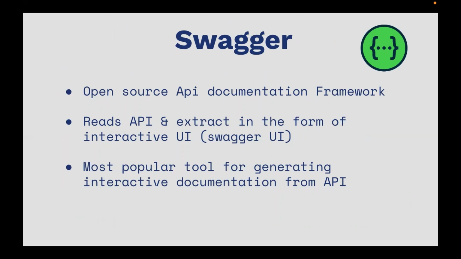Swagger reads the API and extracts it in the form of an interactive UI, which is called Swagger UI, and it is the most popular tool for generating interactive documentation because it just reads your API structure and automatically builds beautiful and interactive API documentation, which is quickly understandable by any other developers.